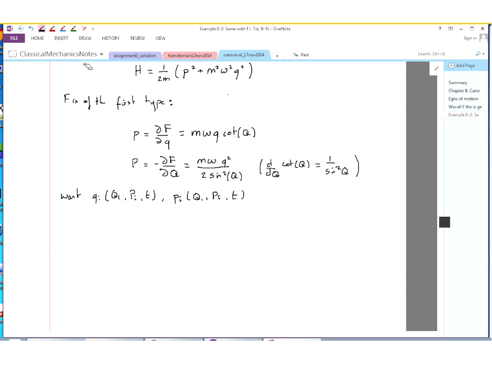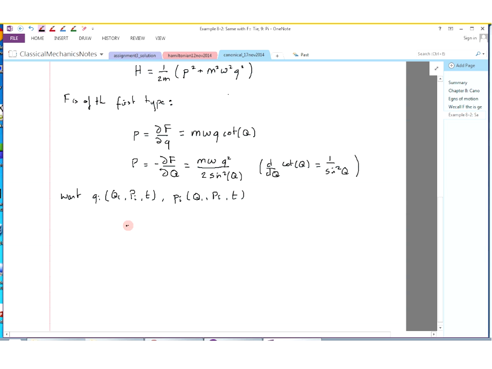And we want it to depend somehow on capital P and capital Q. So the second equation actually gives us q in terms of capital P and capital Q, right?